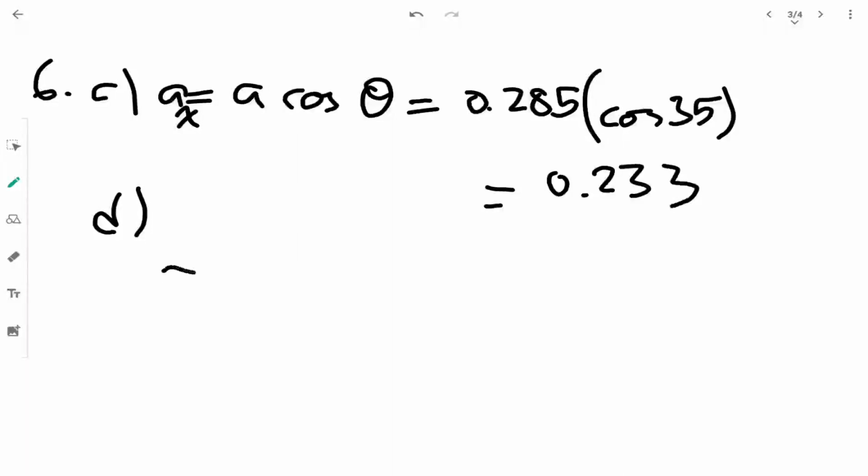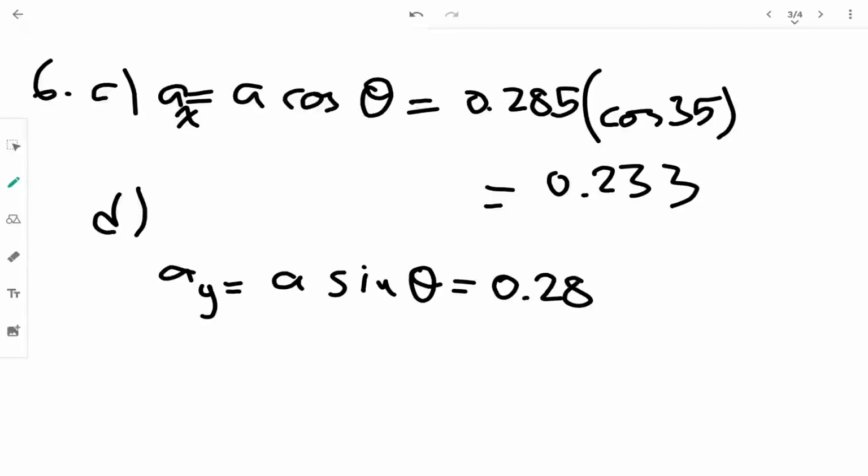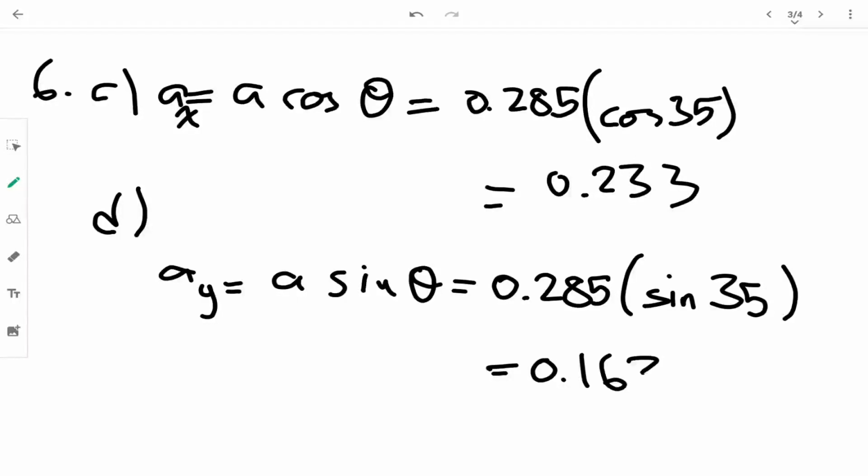For the y component, it's a sine theta, which is 0.285 times sine of 35, and you'll get 0.163 meters per second squared.